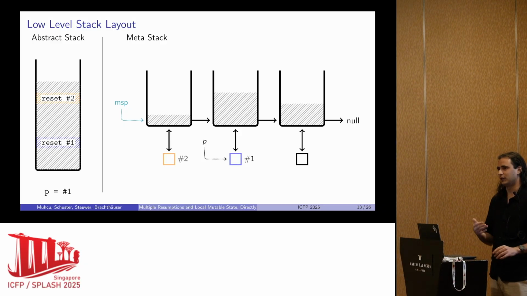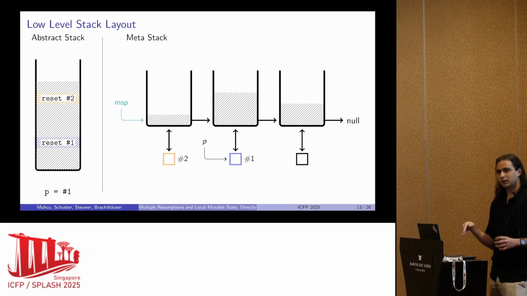And instead of maintaining a stack pointer, we're maintaining a meta stack pointer, which is this MSP here. Also, each stack is paired with a separately allocated prompt, which represents these delimiters on the left side. The delimiters themselves are not included in the call stacks themselves.